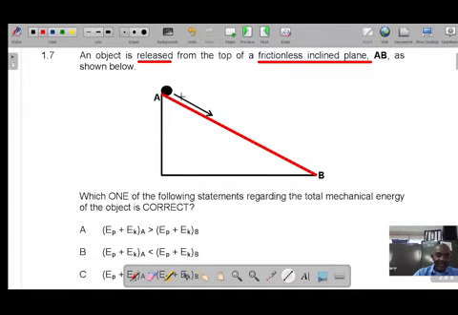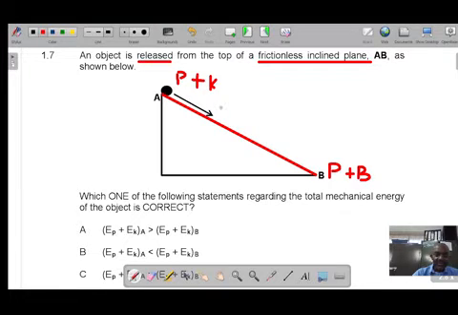And when the system is isolated, then the principle of mechanical energy applies, which means that the total mechanical energy at point A will be the same as the total mechanical energy at point B. In other words, the potential energy at point A plus the kinetic energy at point A will be the same as the potential energy at point B plus the kinetic energy at point B. So the total mechanical energy is conserved.